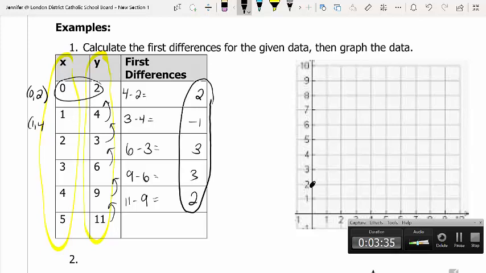Then 1 and 4, so right there. 2 and 3, 3 and 6, 4 and 9, and 5 and 11.